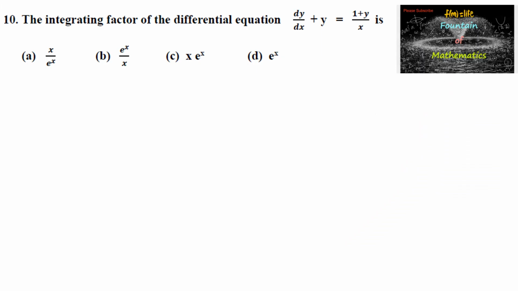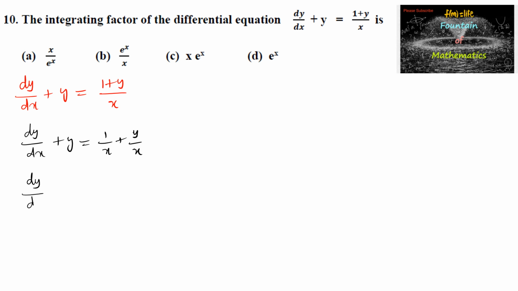The integrating factor of the differential equation dy by dx plus y is equal to 1 plus y upon x. So here we can write on simplifying dy by dx plus y is equal to 1 upon x plus y upon x. And further simplifying dy by dx plus y minus y upon x is equal to 1 upon x.